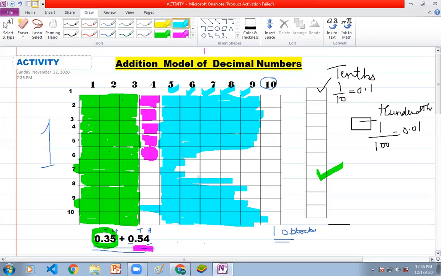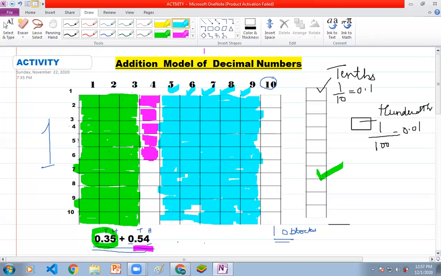So this is how you have to shade the 5 columns, till here. So I have shaded 5 columns with a blue color, right? So now I have shaded it.